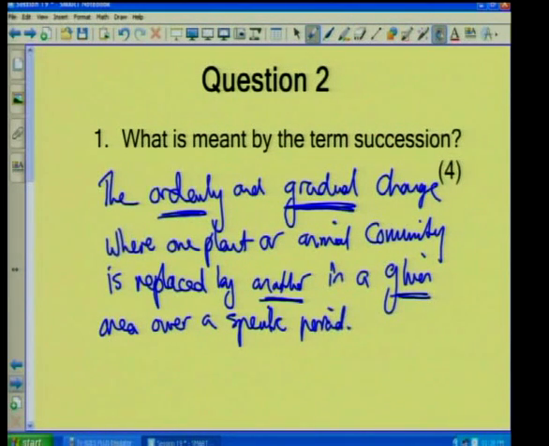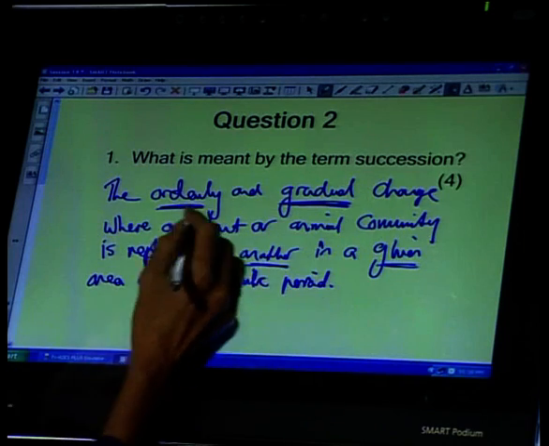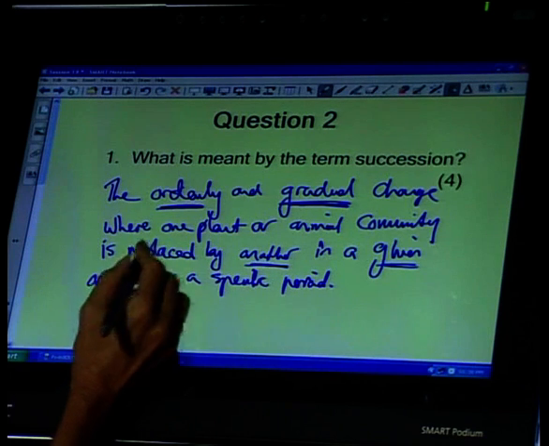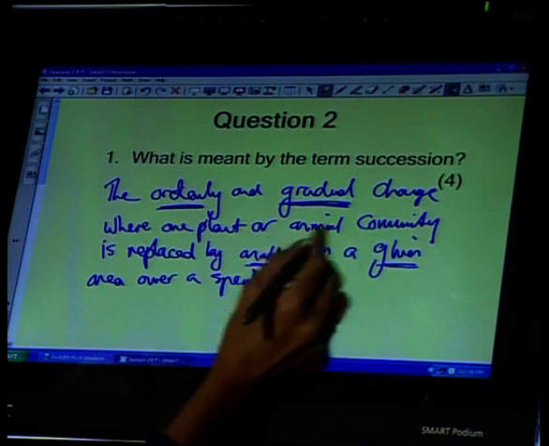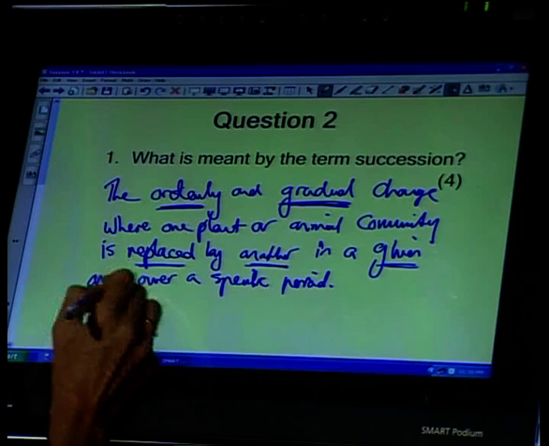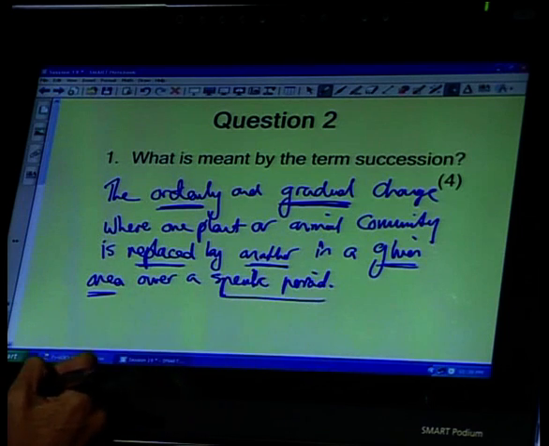Okay, now look at what I've written here. Succession, it's the orderly and gradual change where a plant or animal community is replaced by another in a given area over a specific period.